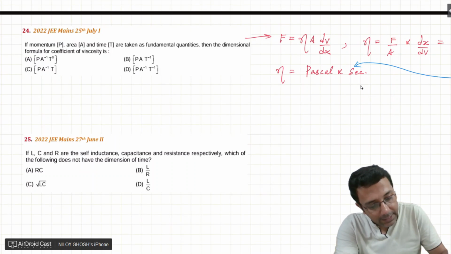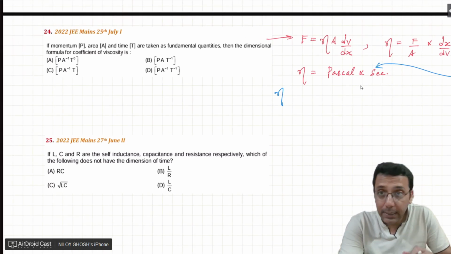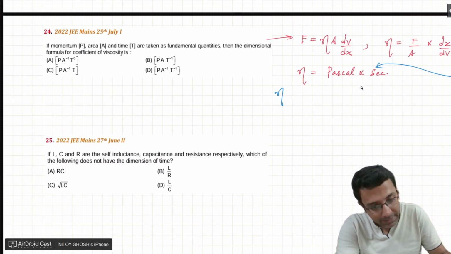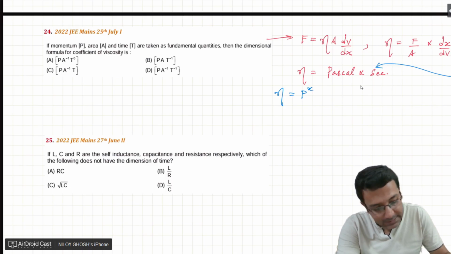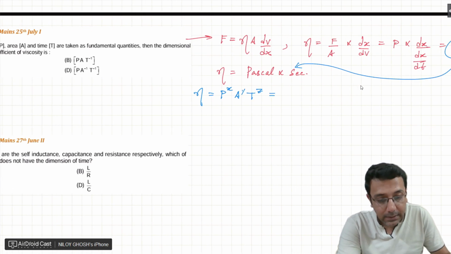Now we can write eta is equal to, since it has to be kept in terms of momentum, area and time, we will also keep it in those terms. So eta becomes equal to momentum P to the power x, A to the power y, t to the power z, is equal to Pascal into time.